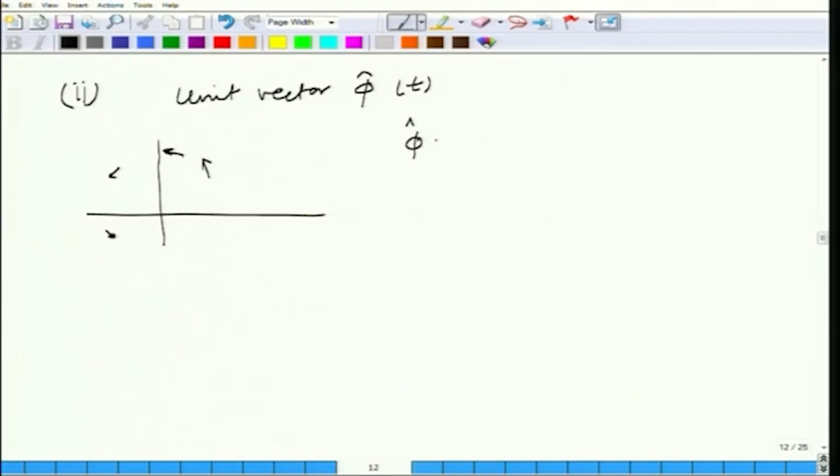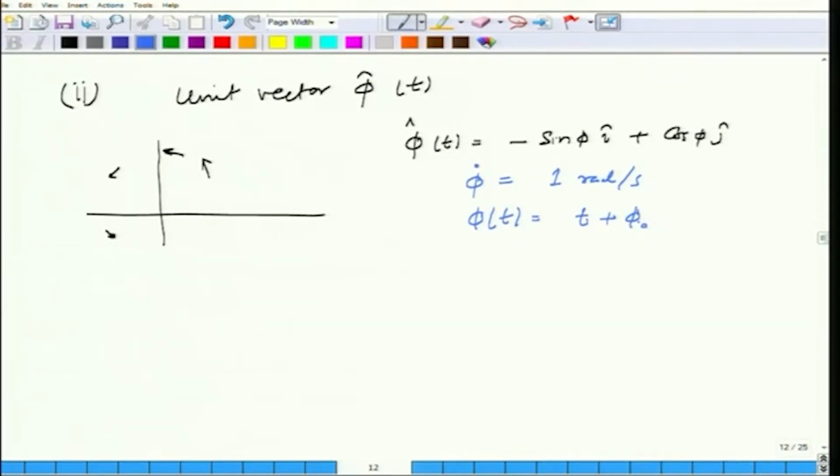Phi unit vector at time t is given as minus sine of phi i plus cosine of phi j, and what I have been given is that phi dot is 1 rad per second, so phi(t) is going to be t plus some phi naught, which was the phi at t equal to 0, and therefore phi unit vector as a function of time is going to be minus sine of (phi 0 plus t) i plus cosine of (phi 0 plus t) j.